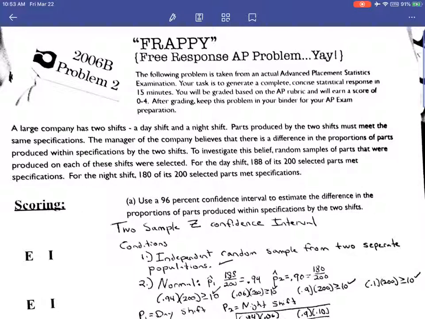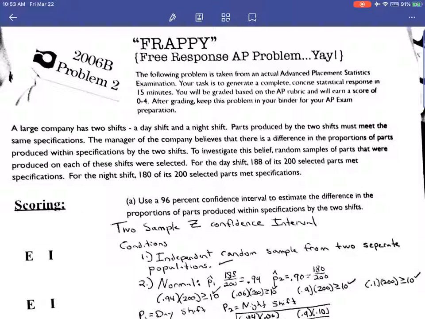For the day shift, 188 out of its 200 selected parts met specifications. For the night shift, 180 out of its 200 selected parts met specifications. Part A is asking us to use a 96% confidence interval to estimate the difference in the proportion of parts produced within specifications by the two shifts.